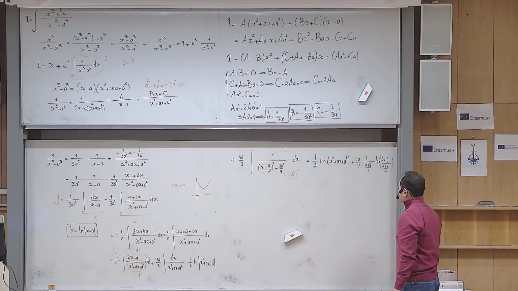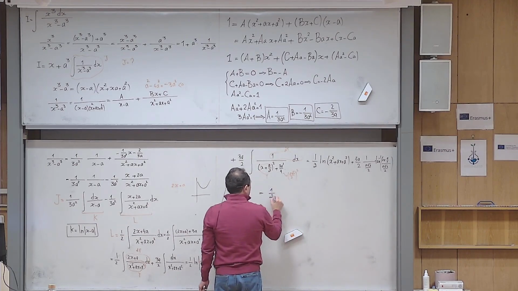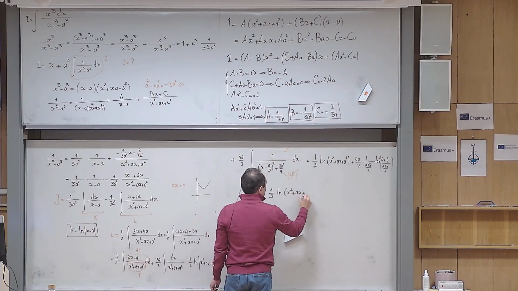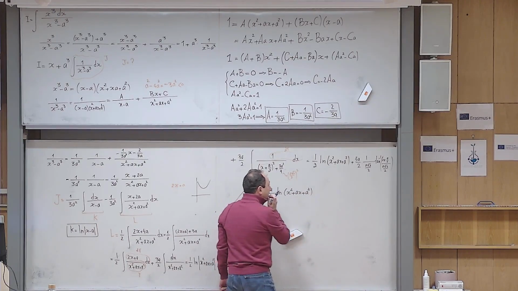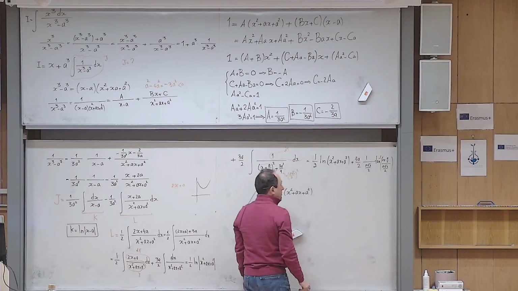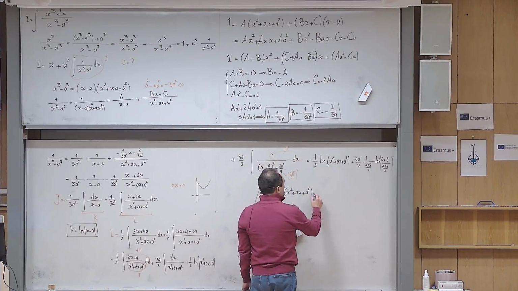Yes? And let me simplify this a little bit. So this becomes 1/2 ln of x squared plus ax plus a squared. And then this 2 and that 2 are cancelled. This a and that a are cancelled. 3 over square root of 3, it becomes just simply square root of 3.